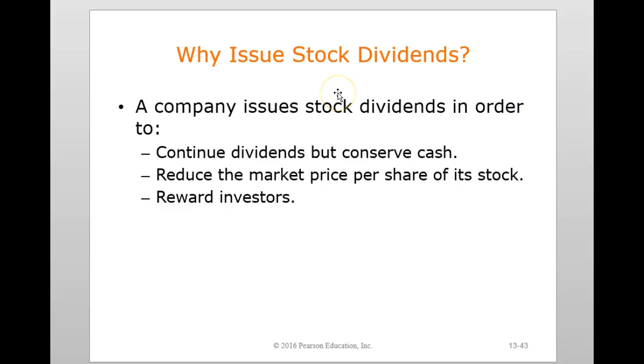So why do they issue stock dividends? Well, it continues dividends but conserves cash. So if I distribute stock and I have poor cash flow, I'm still continuing my dividends. I'm just not paying it out in cash. It reduces the market price per share, and it rewards the investors. It keeps them coming back for more.